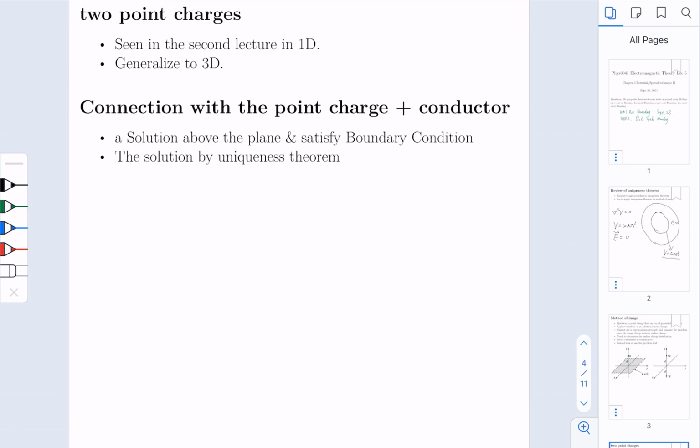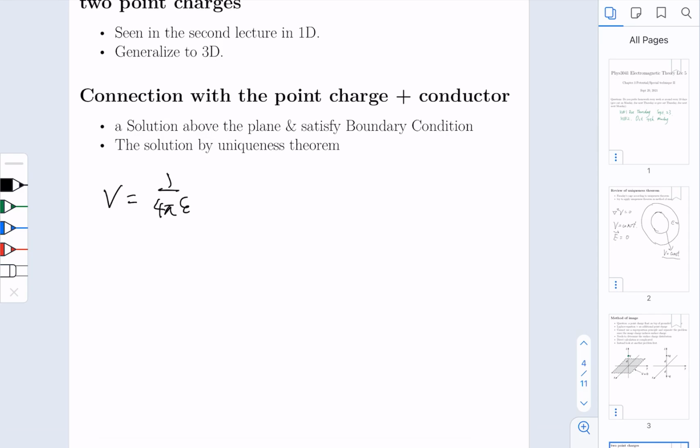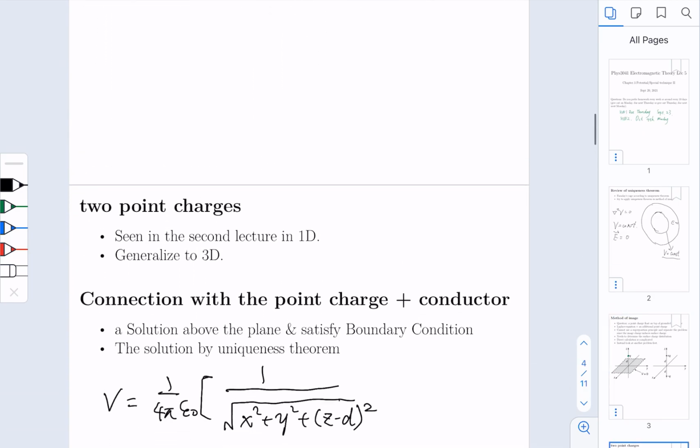So let me simply write down the result. For a single point charge, the potential V is simply 1 over 4 pi epsilon naught times 1 over curly R, so it's 1 over the square root of x squared plus y squared plus z minus d, squared.